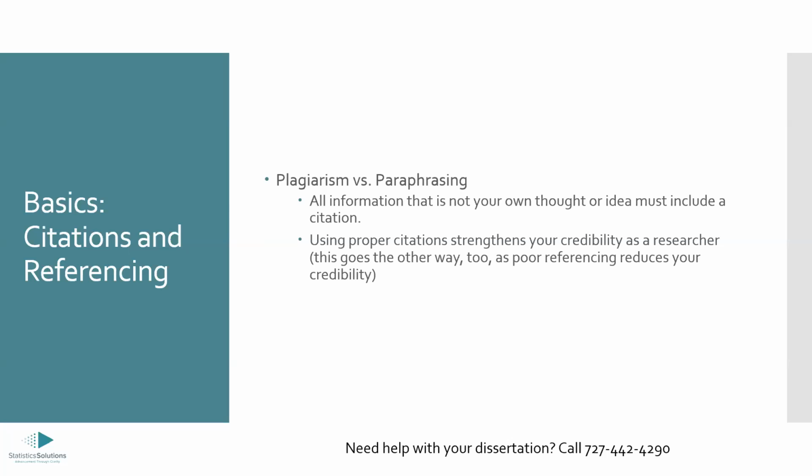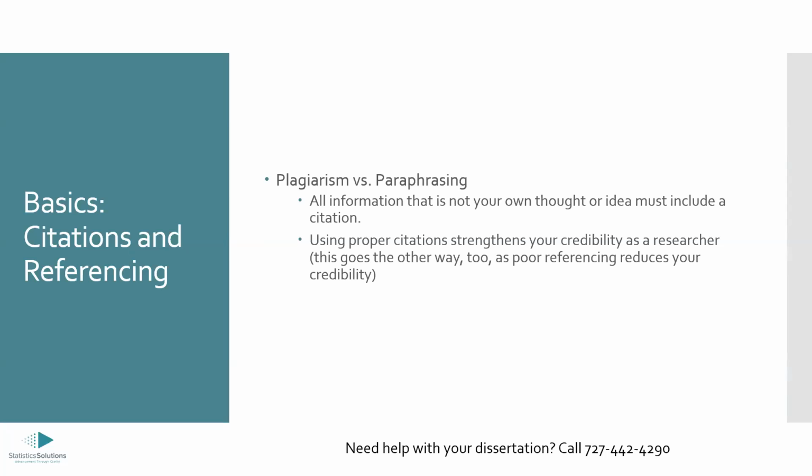Another way to avoid plagiarism, and this is the biggest way to avoid plagiarism, is to always cite your sources. So even if you think something seems like a common piece of knowledge, like the sky is blue, you should really be having a source to back that up, because chances are you don't know that that's common knowledge. And you don't know if you're going to be plagiarizing from somebody thinking that that's common knowledge when it might not actually be.